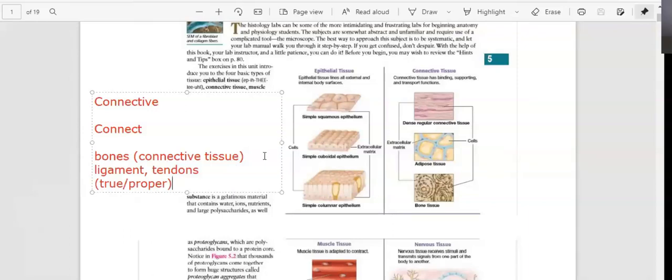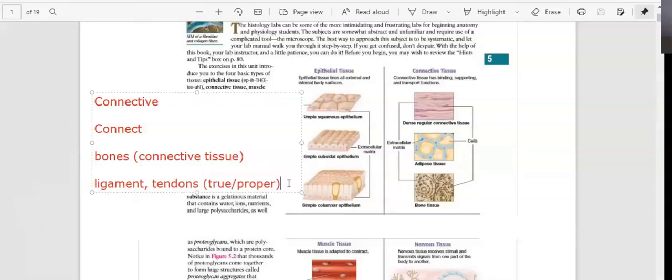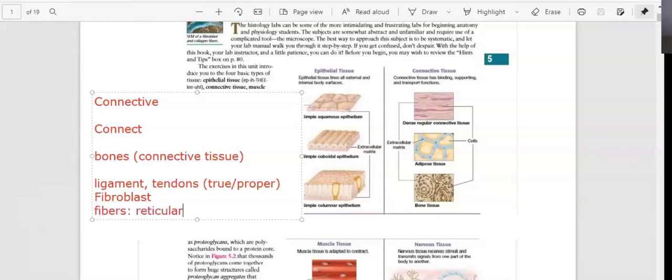As I mentioned before, when we have tissues, we are going to talk about cells. So what is the name of the cells that make these ligaments and tendons? Those are called fibroblasts. What does the fibroblast use to make these ligaments and tendons? It's going to use fibers: reticular fibers, collagen, and elastic fibers.